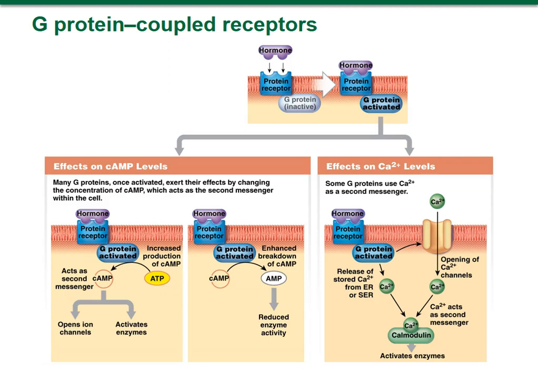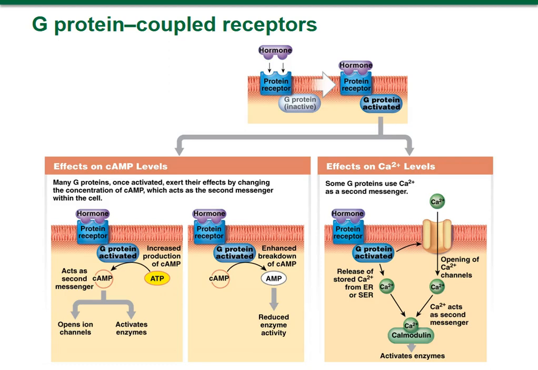Okay, and this graphic from your book shows the hormone binding as a primary messenger and activating another chemical as a secondary messenger inside. And again, it's usually a G protein that is being activated inside of the cell, which then causes some kind of change in enzyme activity. And they show a couple of examples here. Here we have effects on cAMP levels. They change the concentration of that particular chemical, and that then has an impact on other things inside, like it opens ion channels or it activates other enzymes.